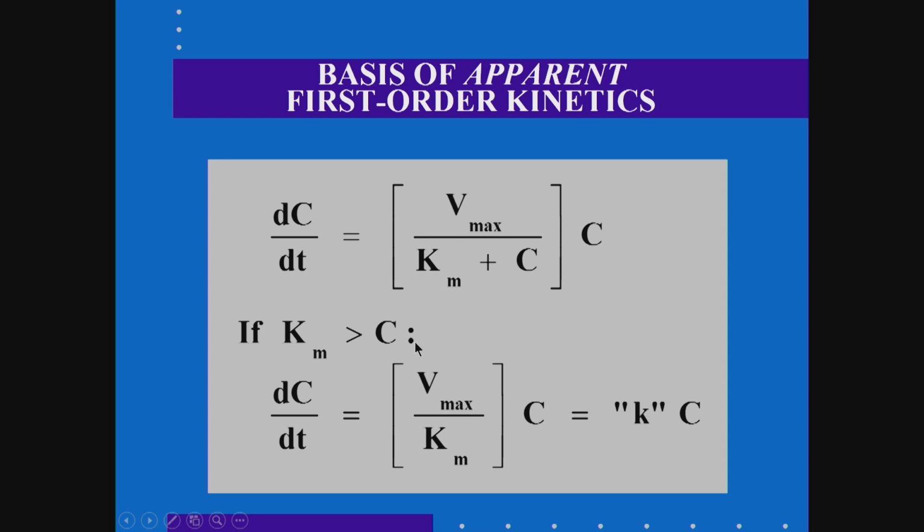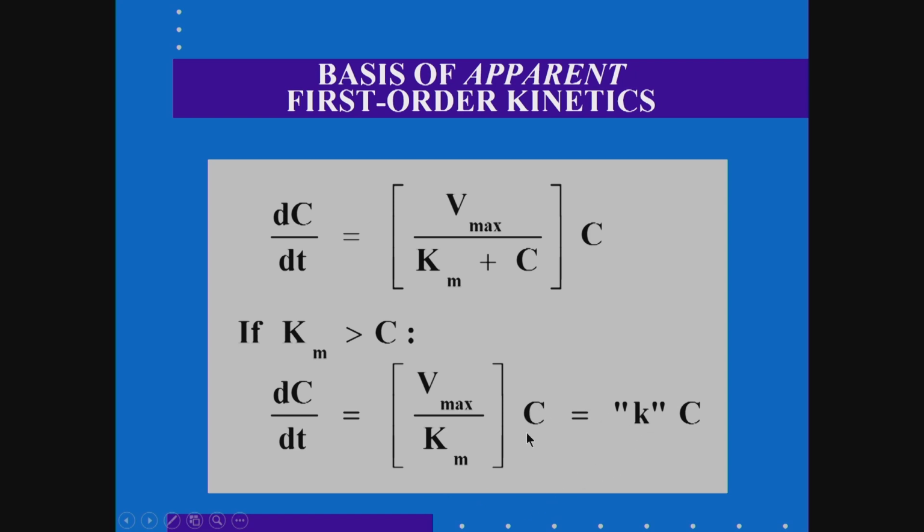If the Km is much greater than C, then we can neglect this term here in the denominator, such that now we have Vmax over Km becoming a pseudo first order rate constant of elimination. So the ratio of two constants, of course, is a constant.